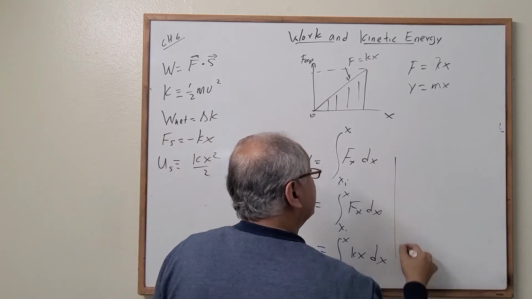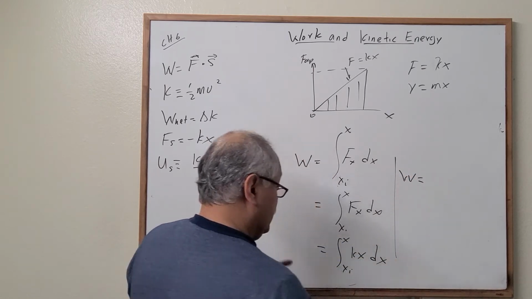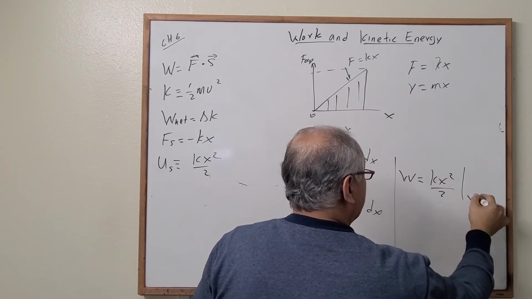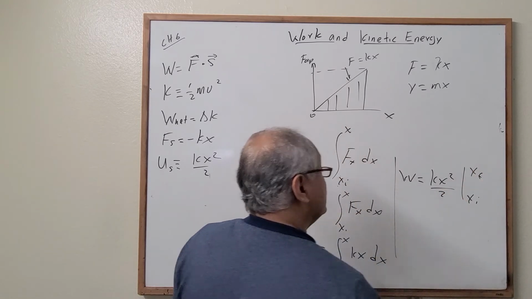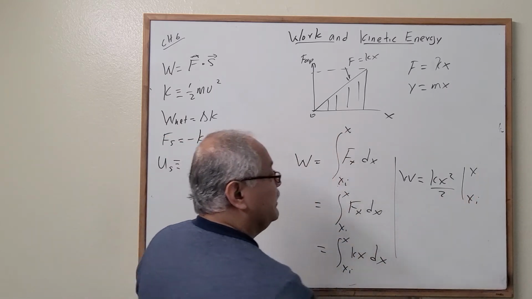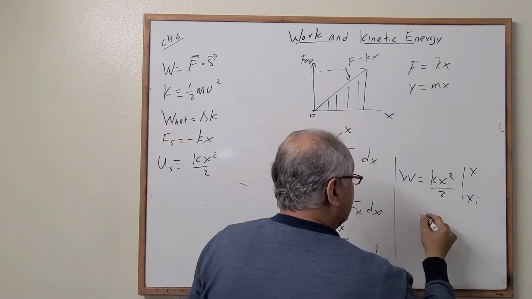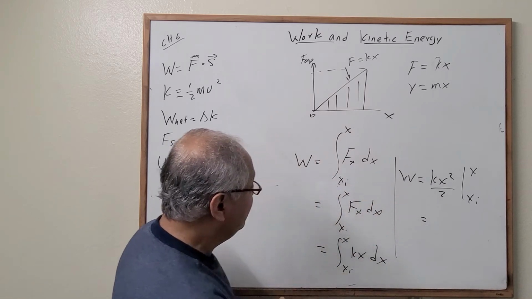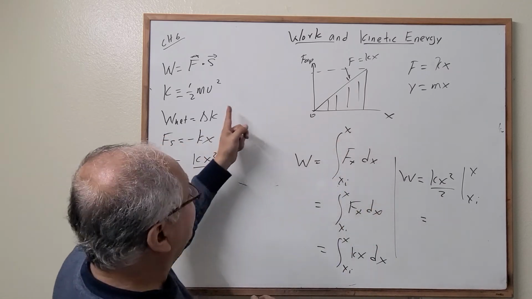Okay, what is that integral then? Work is equal to kx squared divided by 2 from initial position to final position. For final, we can just write it like that, final. And then when we substitute the values, remember this is the force done by the applied force, right?